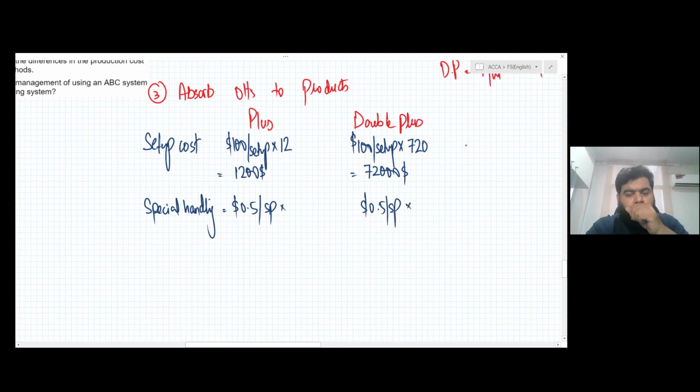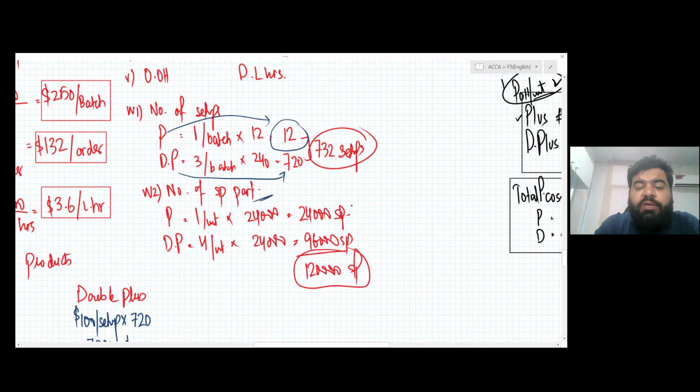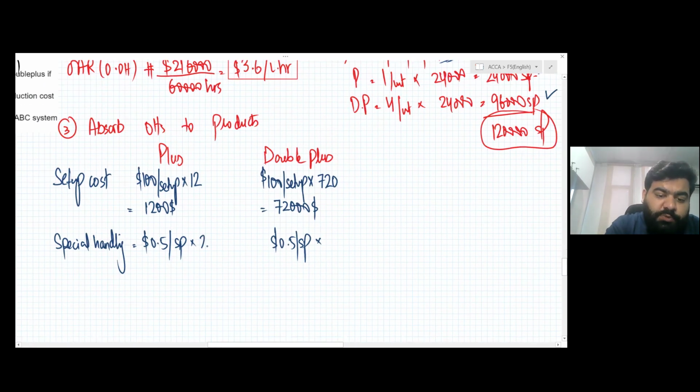We'll see how many special parts there are for both products. So 0.5 per special part. The total number of special parts for plus was 24,000 and for double plus was 96,000. So just multiply 24,000 special parts and 96,000 special parts.